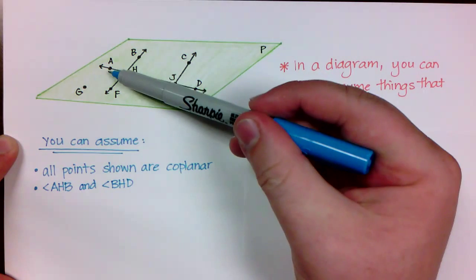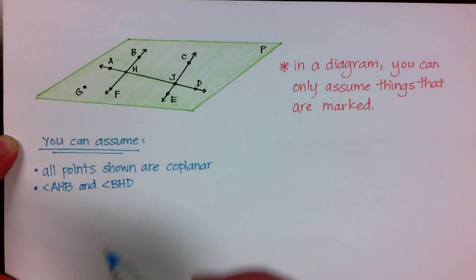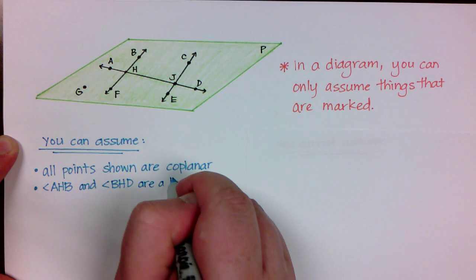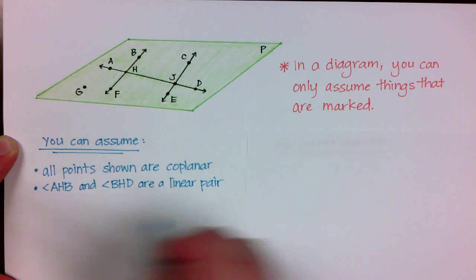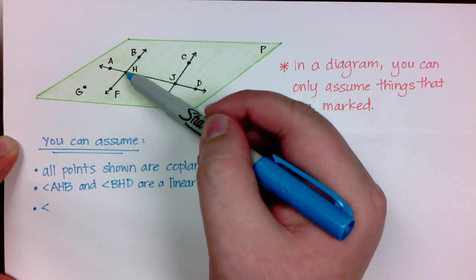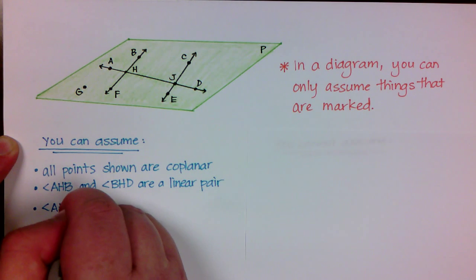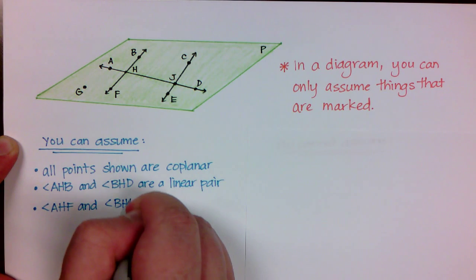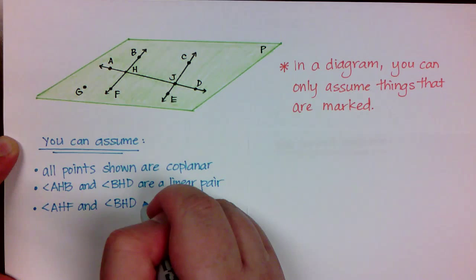That's talking about this angle right here, AHB, and also BHD. I can assume that those two angles are a linear pair. I can also assume that angle AHF, that one down there, and angle BHD, this one again on the top, BH all the way to D, are vertical angles.